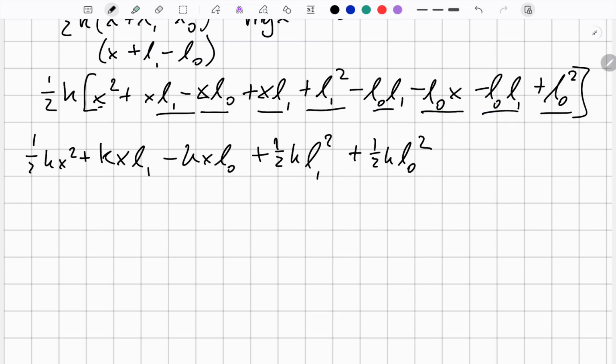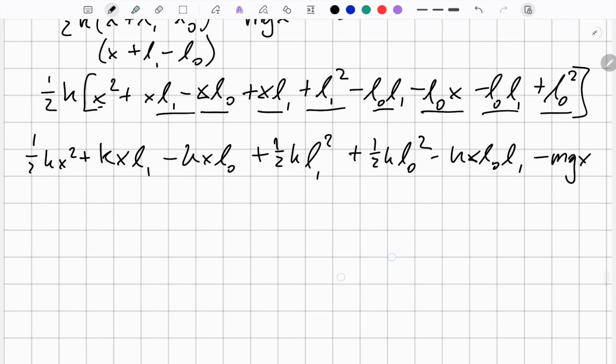This is going to be a 2, that 2 is going to go away. We're going to have plus or minus kxL0L1, and then we've got to remember that minus mgx at the end.